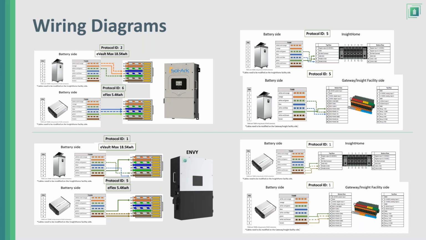Depending on which inverter you are using, and which of our batteries you're using, either the eVolt or the eFlex, they both have their own requirements. You have to make sure that the cables you're going to use to communicate from the master battery into the inverter comply with this configuration.